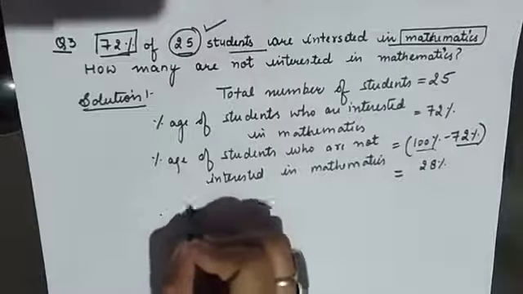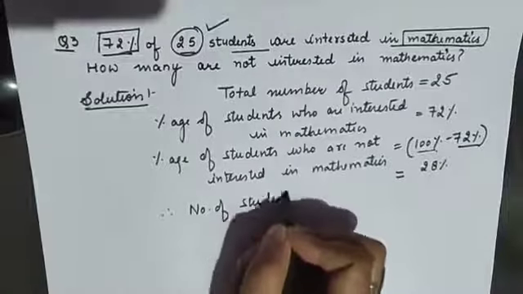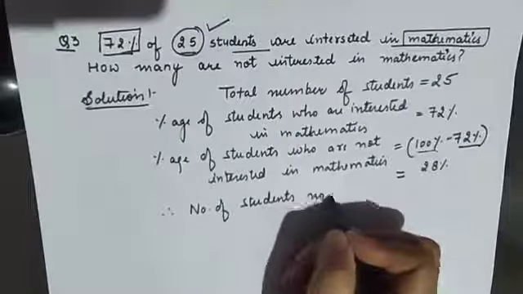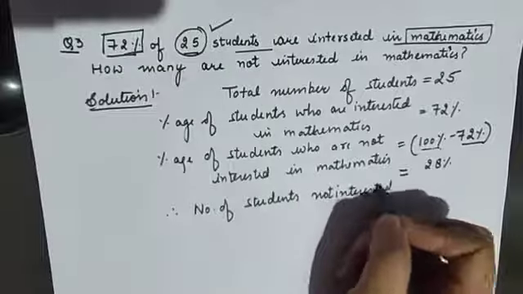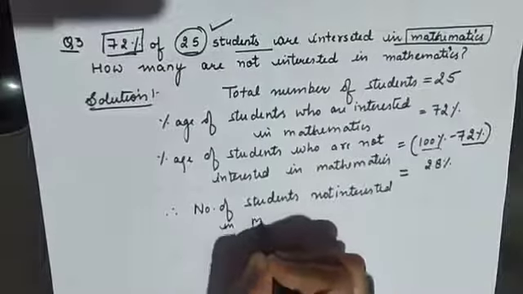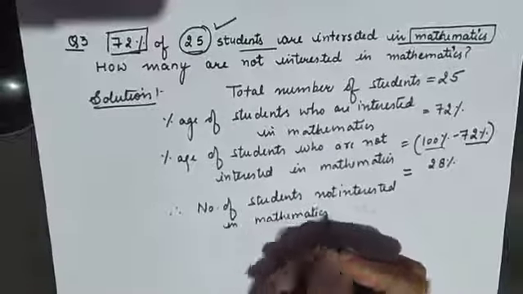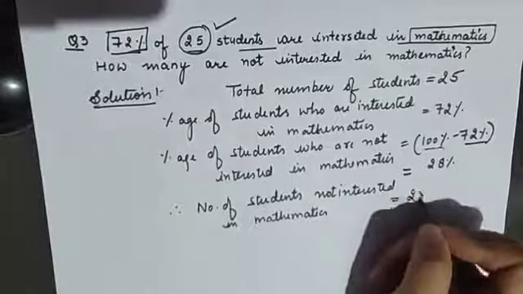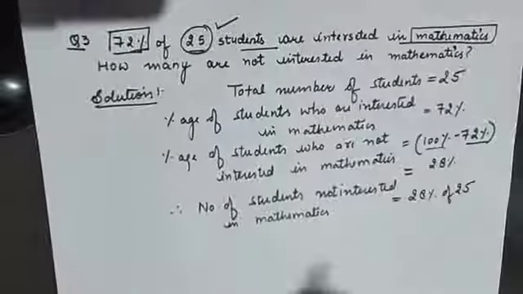So therefore the number of students not interested in mathematics will be equal to 28% of 25. Why 28% of 25?